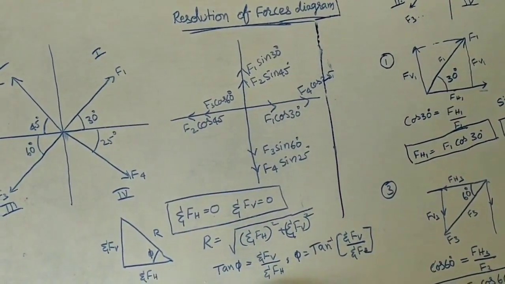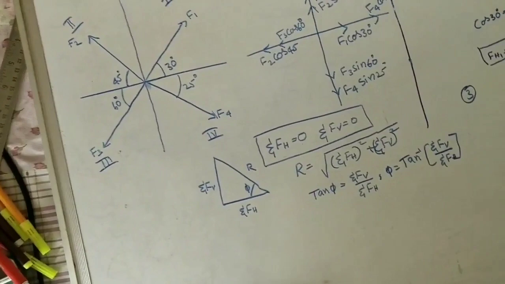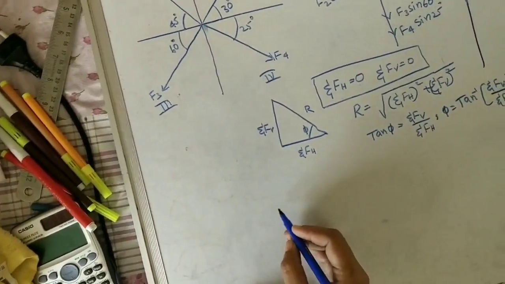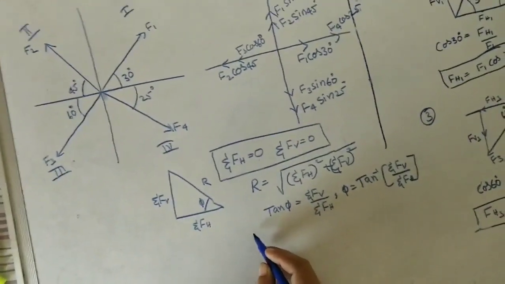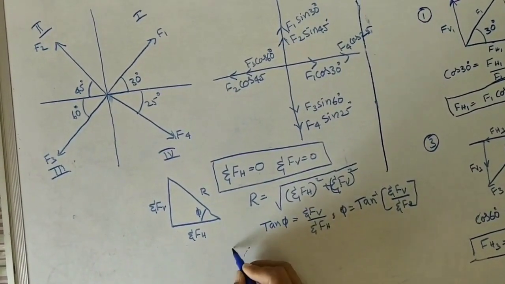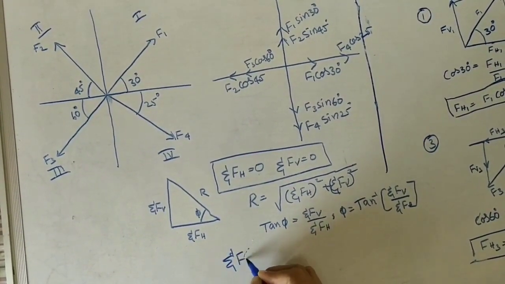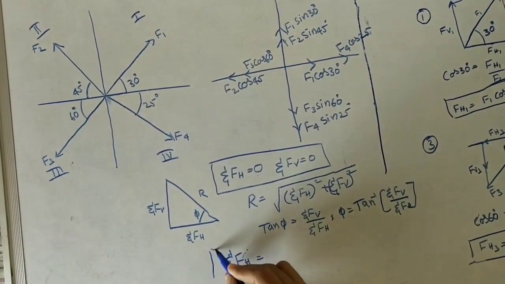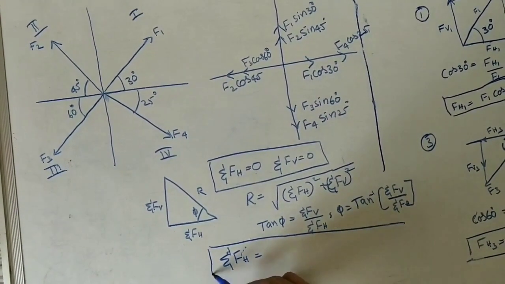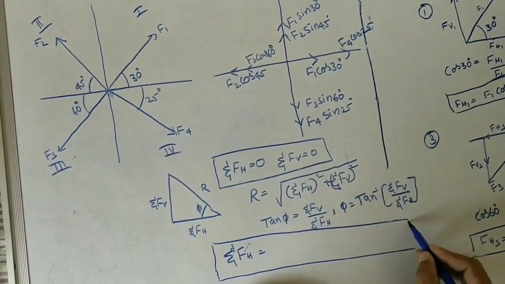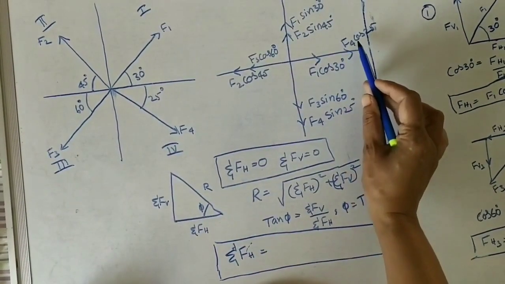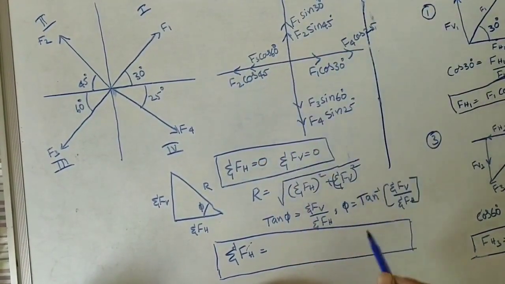Now here we take first the condition of sigma Fh. Sigma Fh of this system is the sum of all horizontal forces. What are the horizontal forces? 1, 2, 3, 4, because those are acting on the horizontal line.